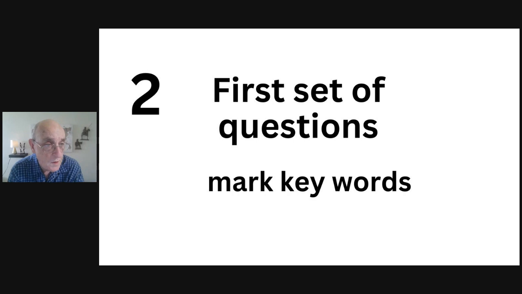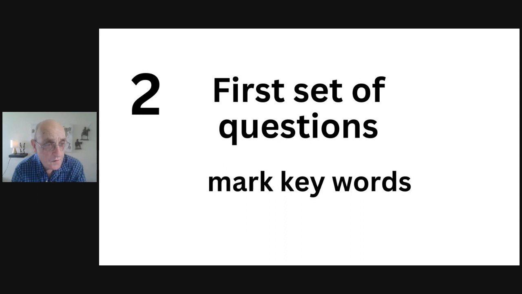Now, in the reading section, you have 40 questions in 3 sections, and each section contains 13 questions, and one of them will have 14 questions. And usually these 13 questions will be divided up into 2 types of questions. But all you want to do as you begin your strategy is to look at the first set of questions.